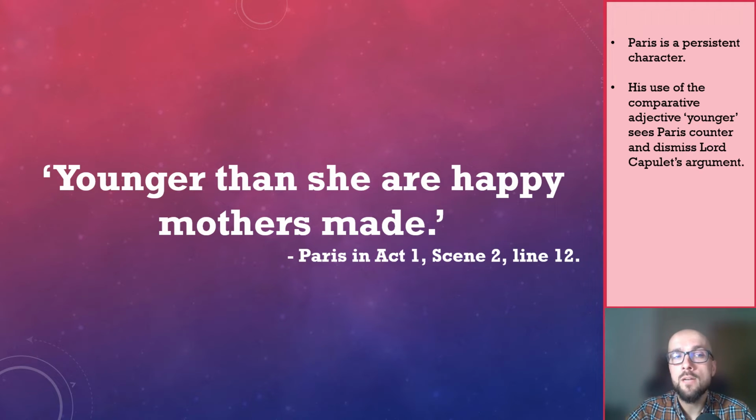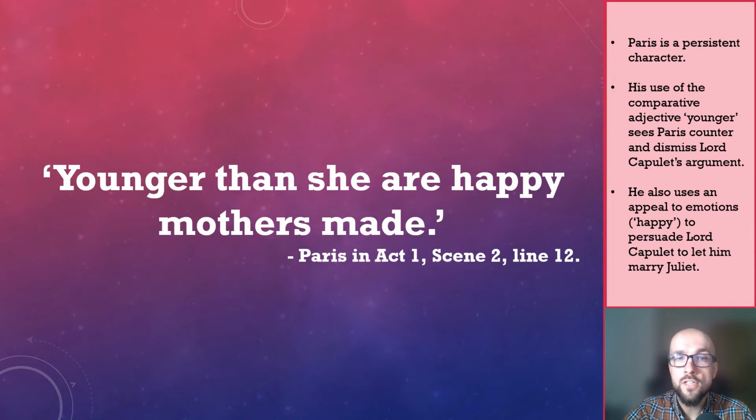Paris's use of the term happy reinforces the impression that he is persistent and is used to getting his own way. In addition to appealing to popularity with his use of younger, this word sees the nobleman make an emotional appeal because he assures Lord Capulet that Juliet will be happy if and when she marries Paris, despite her relatively tender years.